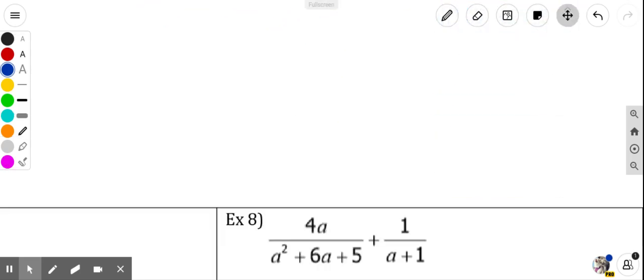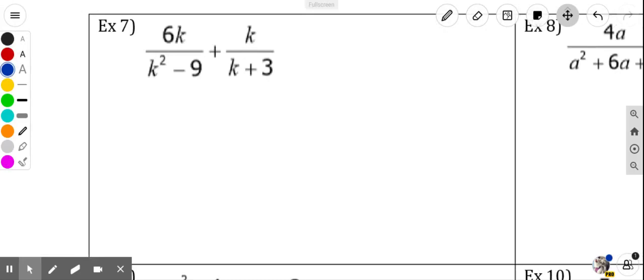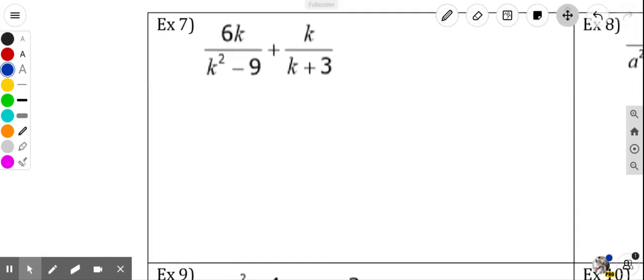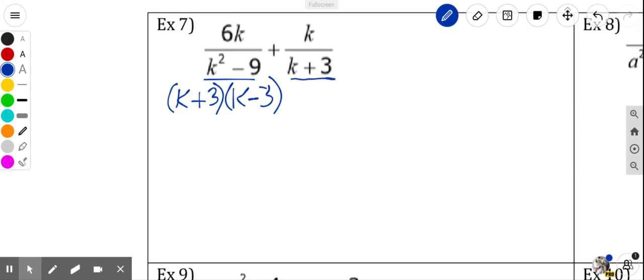These are the ones that we haven't done. Okay, number 7, this one's actually just like the one we just did. This right here is a difference of squares, so that can be factored into k plus 3, k minus 3. Okay, so now over here on this bottom right, we have k plus 3, which we already have over here.